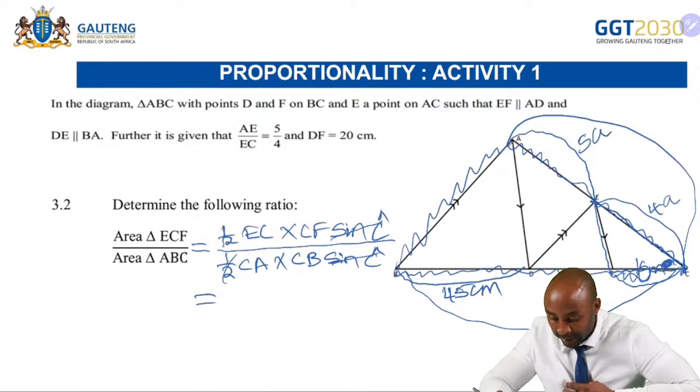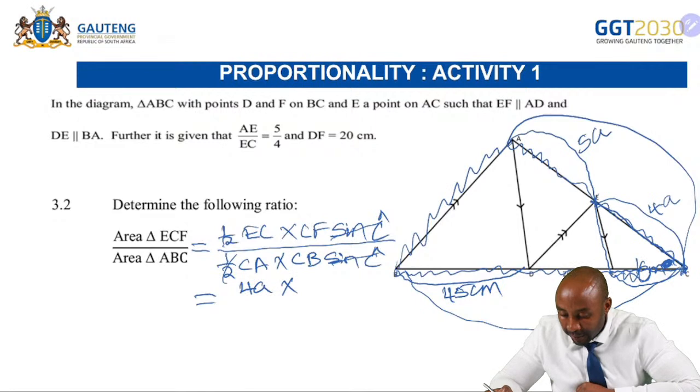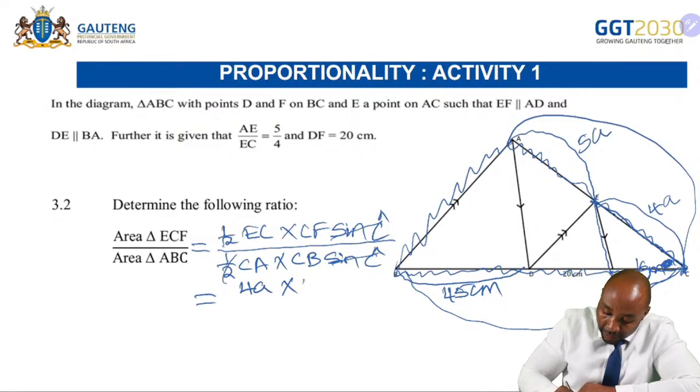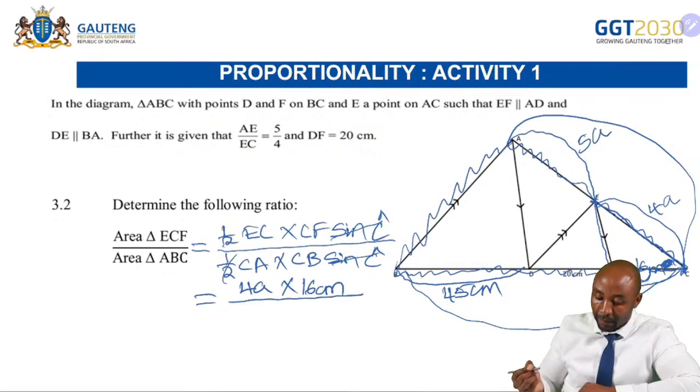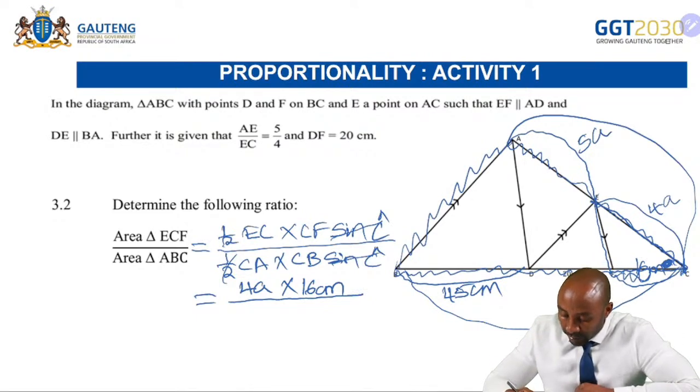Let's go back to the diagram. What is our EC? Our EC is going to be 4A times. What is our CF? Our CF, we calculated it and we got 16 centimeters. We substitute it with units so that we are able to see what is happening. And then let's look at the bigger triangle.